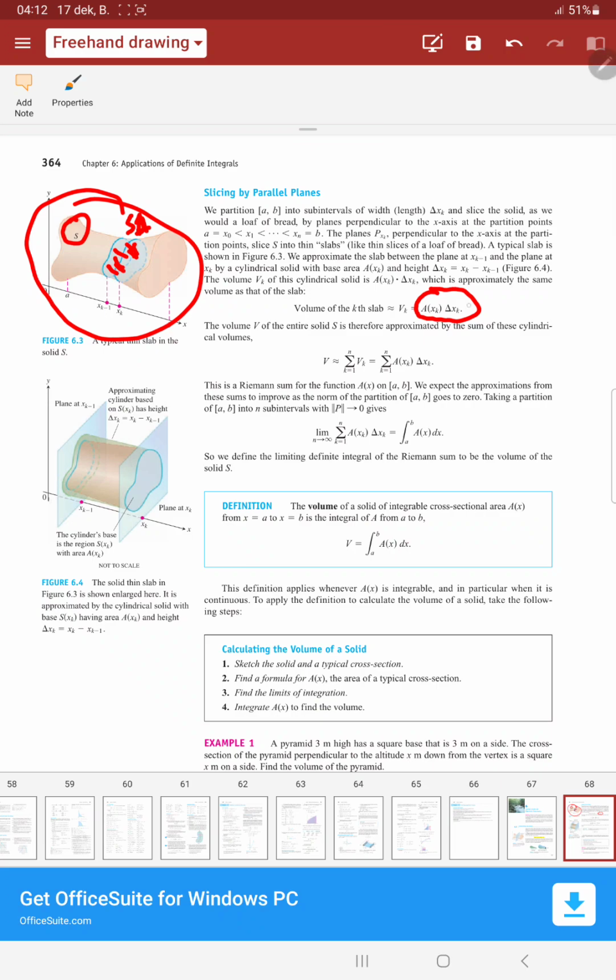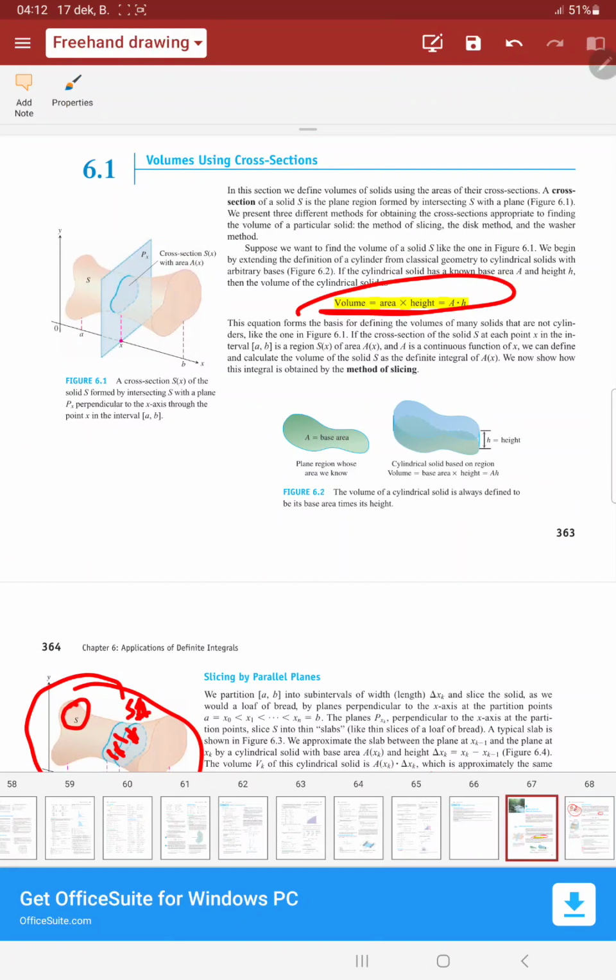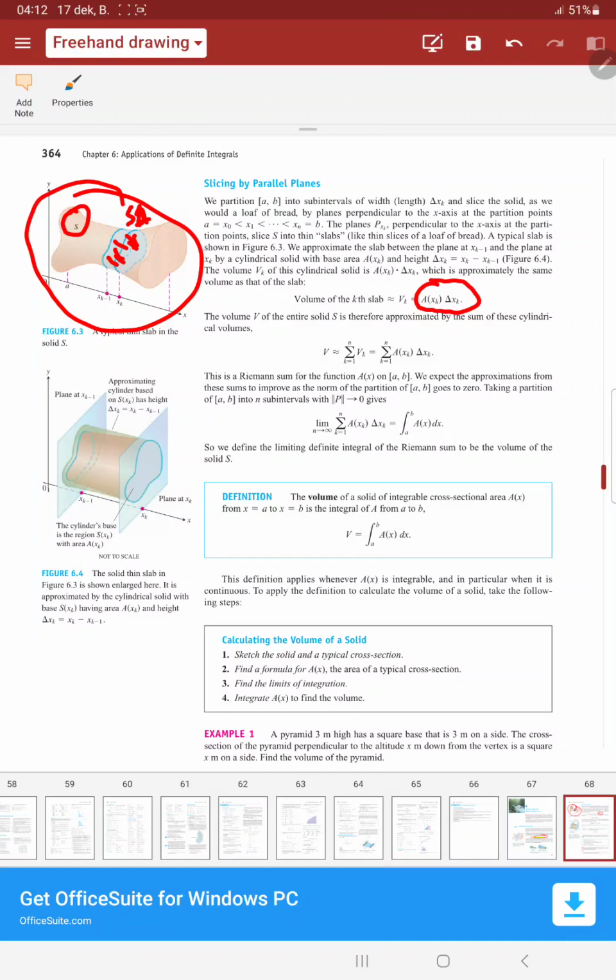Delta x is the height of that solid, and we know that volume is always equal to area times height. It's obvious. And you can see in here that it's really the height of this little solid.